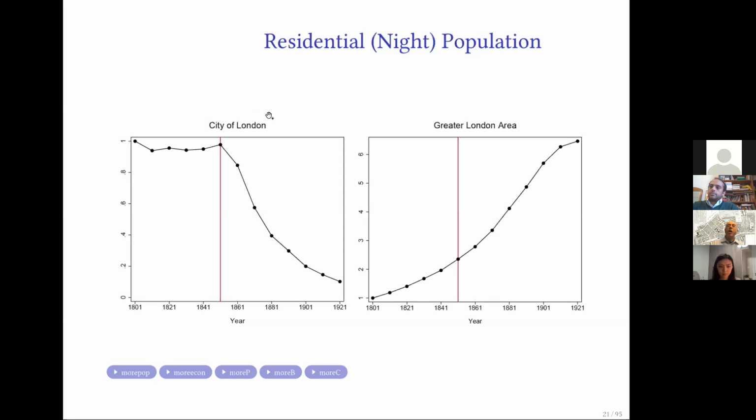In contrast, over here in the left-hand panel, we see the total population of the historical heart of London. So this is the City of London, that Roman area, the very commercial heart of economic activity in the London area. As you can see here, in the first part of the 19th century, total population in the City of London was approximately constant over time at around 130,000 people.